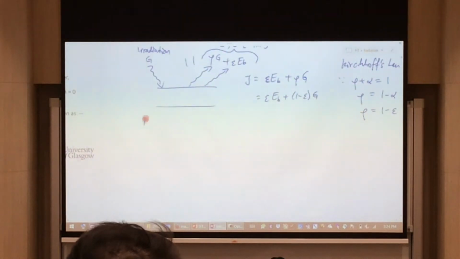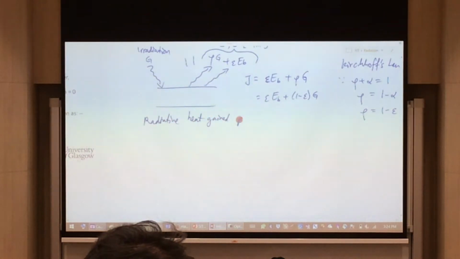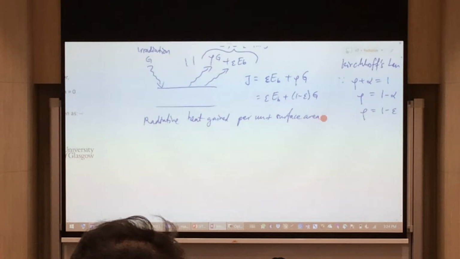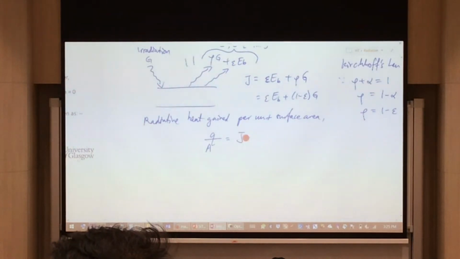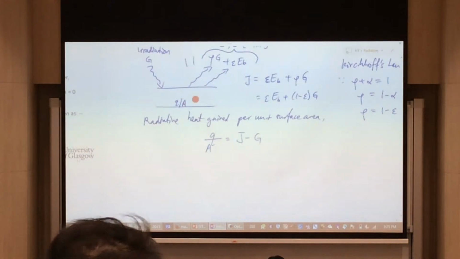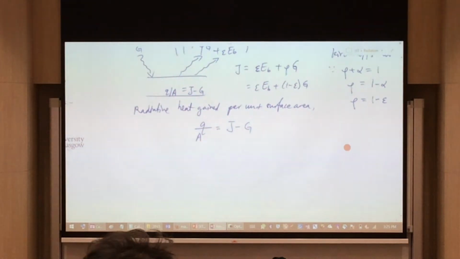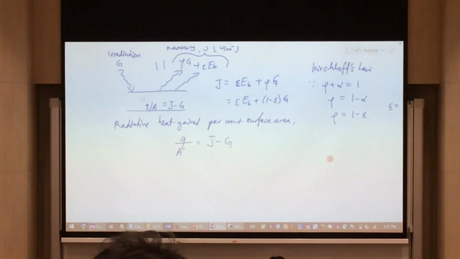So radiative heat gained per unit surface area, hence, will be equal to Q divided by A, that's your radiative heat gain divided by the unit surface area A. That one will be equal to J minus G. But you could see this written over here in your sketch, where you have Q divided by A equal to J minus G. That's because your G is whatever that's incident upon it.